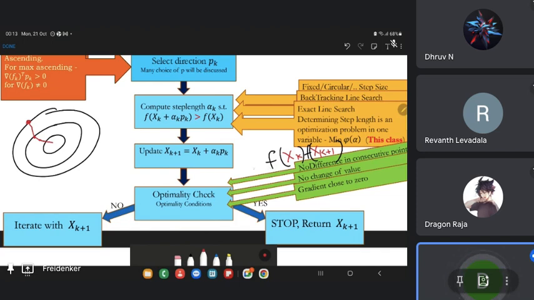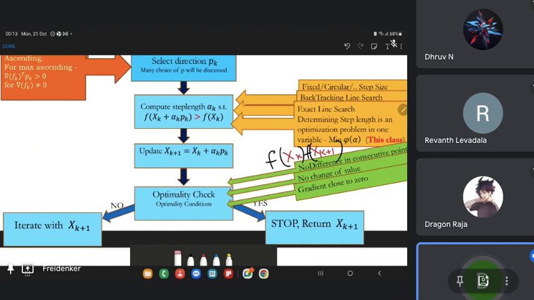Now, gradient close to zero. If we look at a 2D function, let's say it's something like this, I know my maximum is there when the first derivative is 0. Even in 3D, wherever the gradient is 0, you would have a critical point.